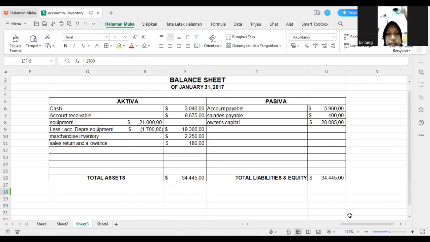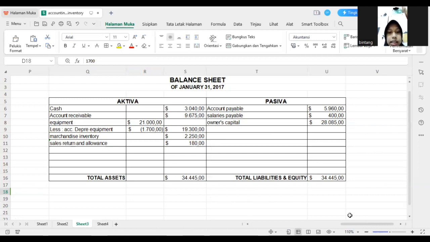Cash, the amount is $3,040. Accounts receivable, the amount is $9,675, and there is equipment. The amount is $21,000, and we subtract accumulated depreciation on equipment. The amount is $1,700.